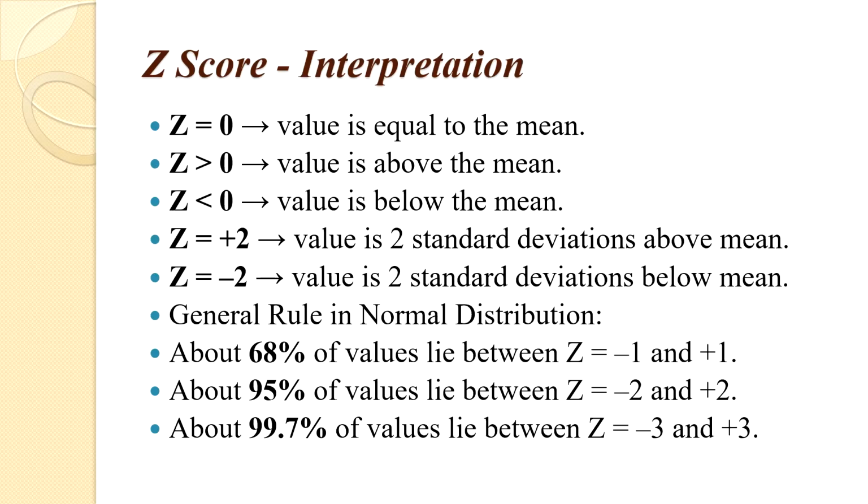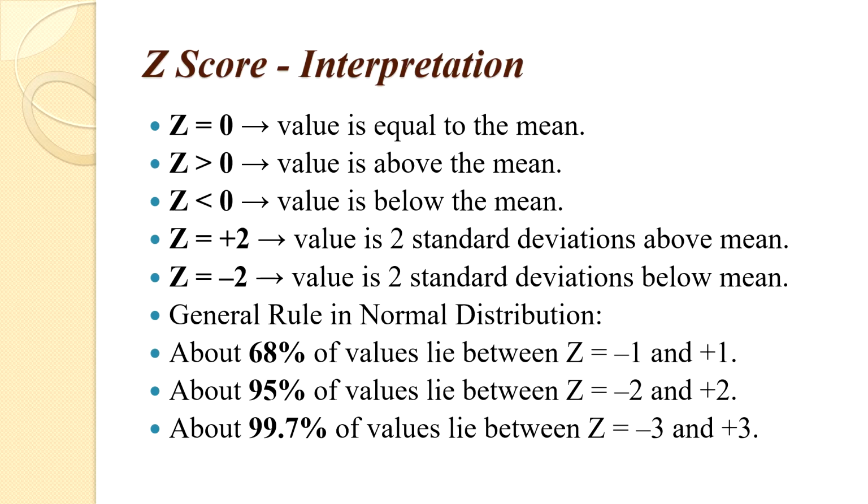Here we will see the interpretation of the Z-score. If the Z-score is equal to 0, then the value is equal to the mean. If the Z value is greater than 0, the value is above the mean. If the Z value is less than 0, that is negative, the value is below the mean.